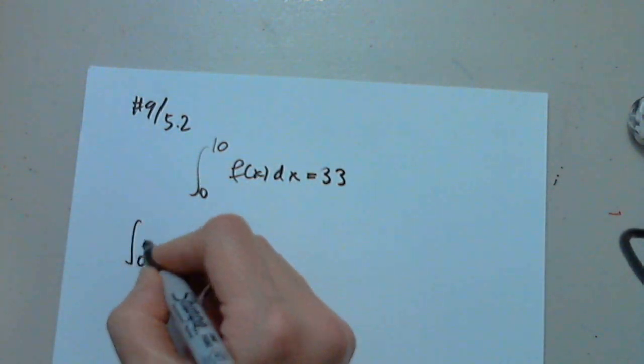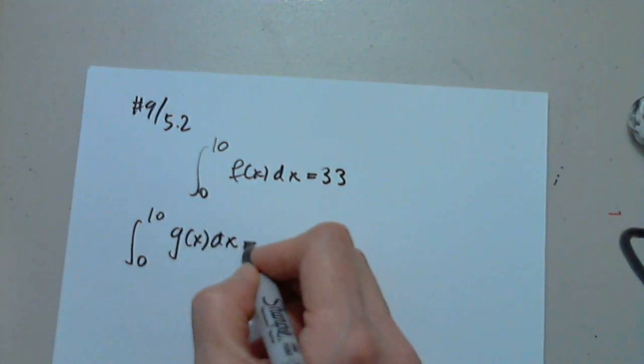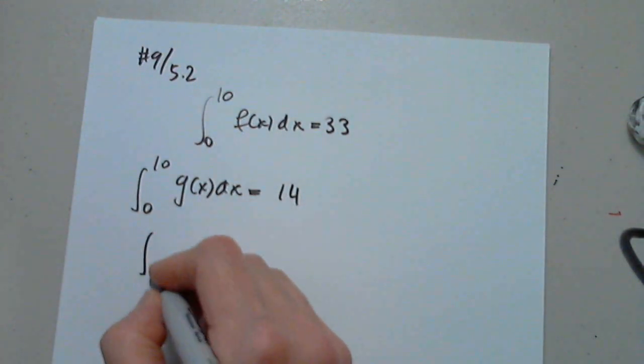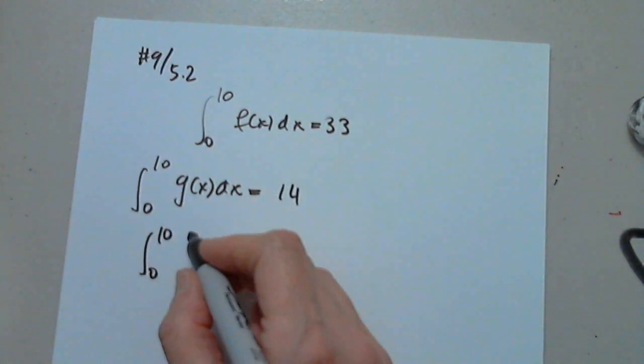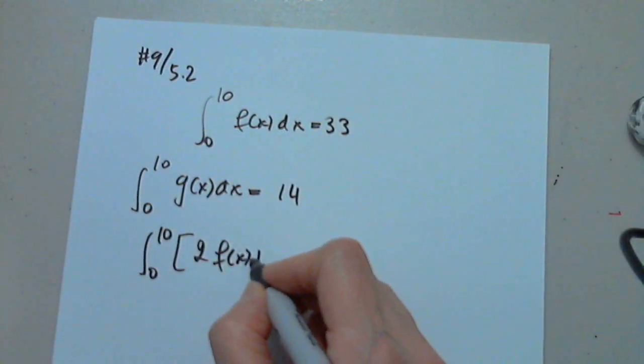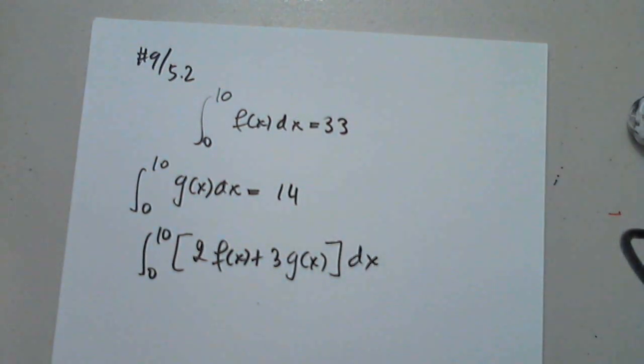The integral from 0 to 10 of g of x dx equals 14. Okay. And we have the integral from 0 to 10 of 2 f of x plus 3 g of x dx. Okay, perfect. Thank you.